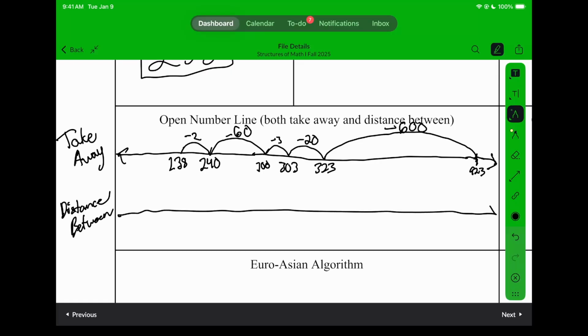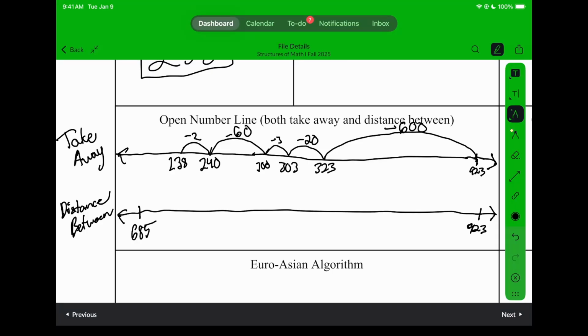The way that's going to work, we're going to draw our number line, and we're actually going to put both numbers. So we're going to put 685. We're going to put 923. And we're going to get to the distance between them. So we're going to try to reach some friendly numbers.